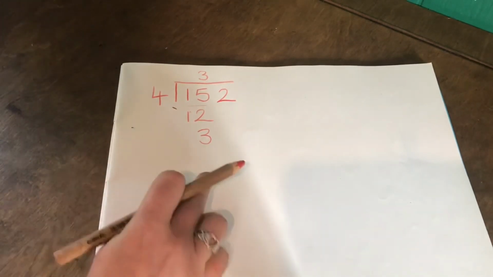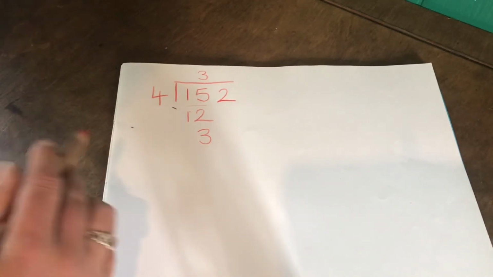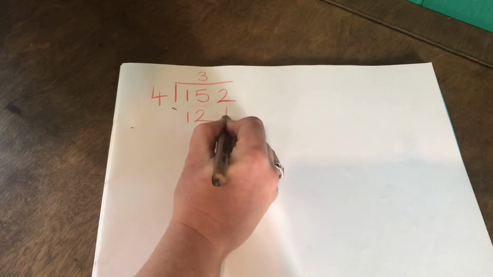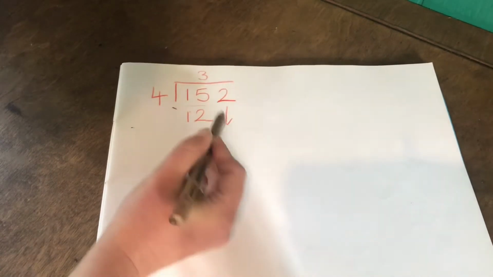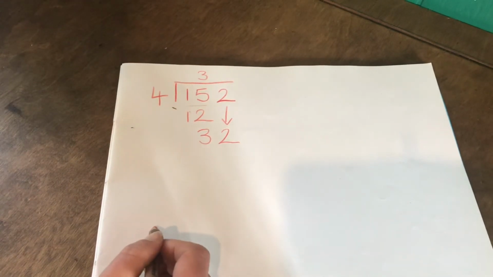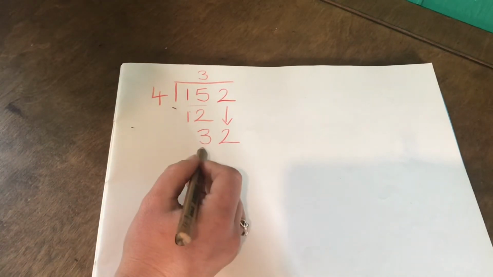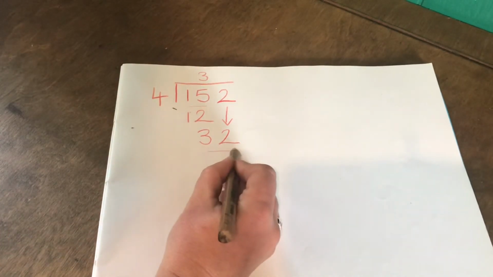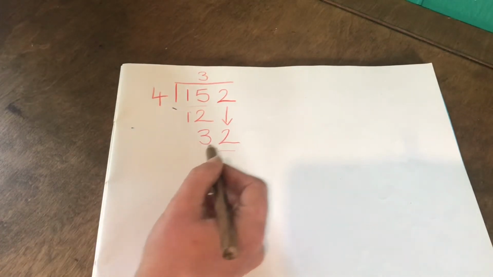In the previous sums that would have been our remainder, but now we're continuing because we've got another person waiting at the bus stop. So we bring this number down to join the 3. The 3 becomes 32. How many 4s are there in 3? Well, we can't do that, there's not enough, so this becomes a couple. How many 4s are there in 32?